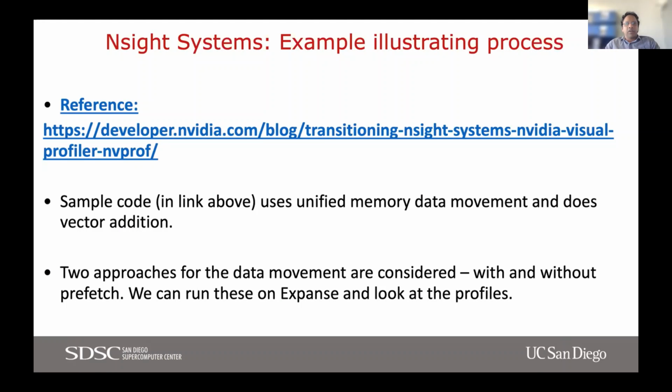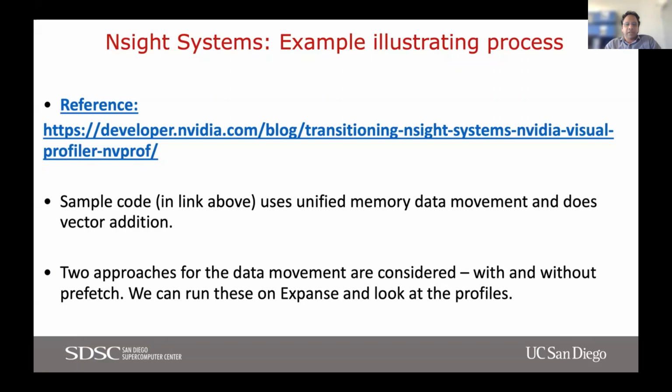One thing I wanted to point out is an example Nsight Systems process that tells you how to use this. This is just an example that NVIDIA has, so you can go look at that. The sample code is there. What it does is it uses unified memory data movement and does vector addition.